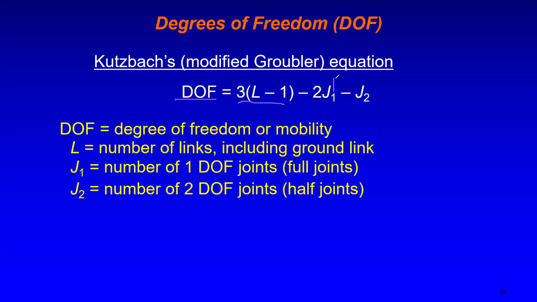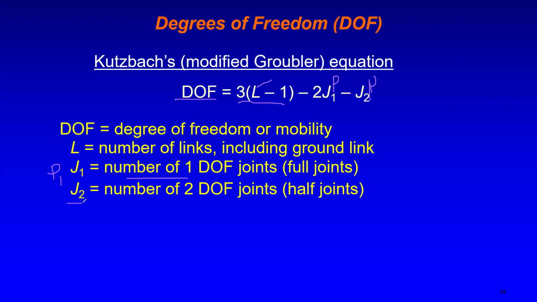Sometimes instead of writing J, we write P. In some books, you realize they write this as P. So L is the number of links, including the ground link. So you count all of them. J1, or we are going to call it P1 in this case, is the number of 1 degree of freedom joints, okay? How many of them are 1 degree of freedom joints?